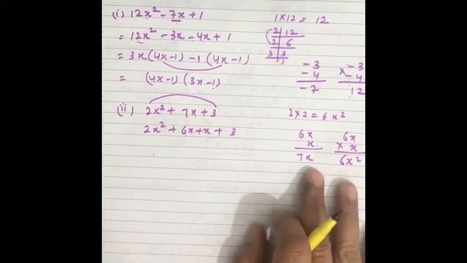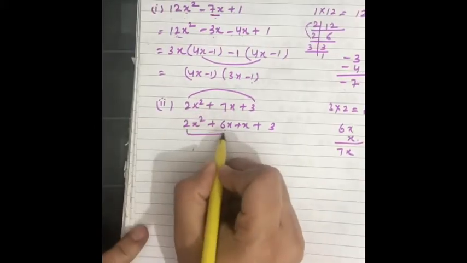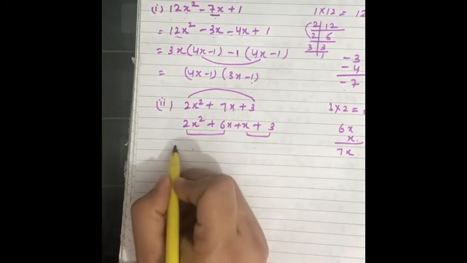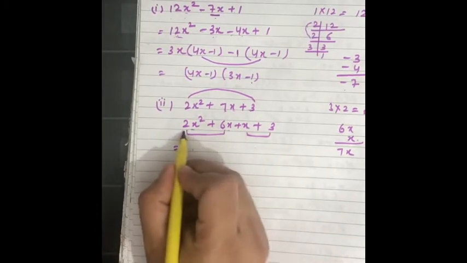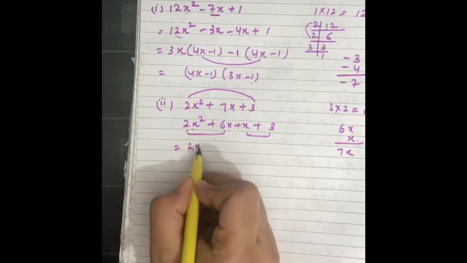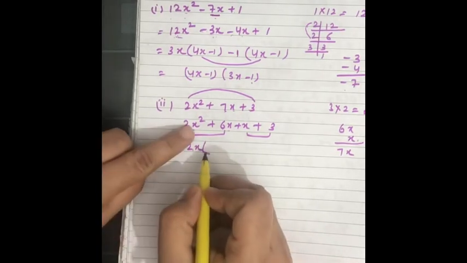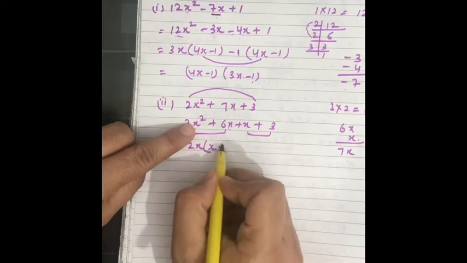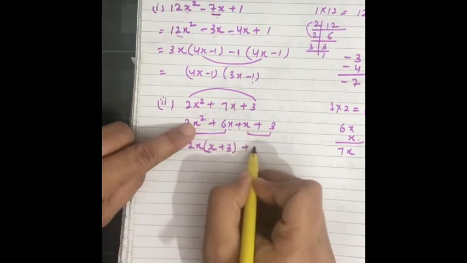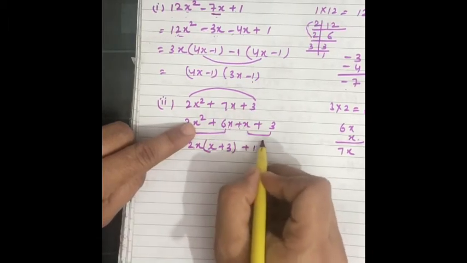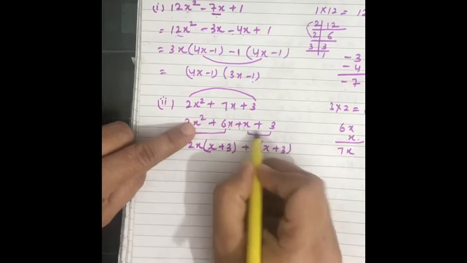Okay. Now we'll take common terms. 2x we can take as common out from these two terms. 2x here I have written. So the left term is x plus 3, and 1 I can take as common out, and x plus 3 from the last two terms.